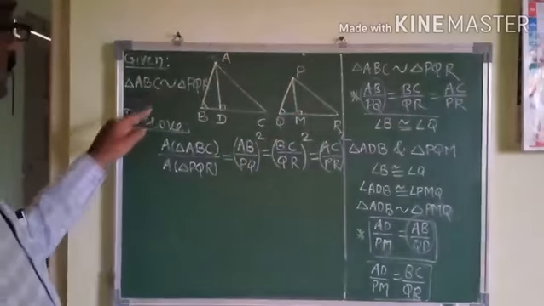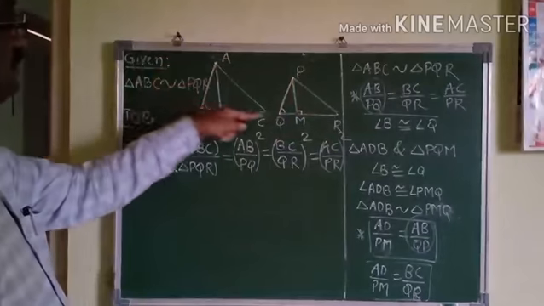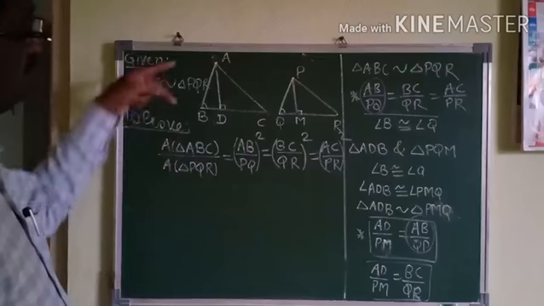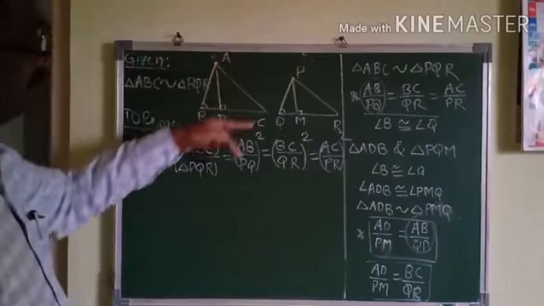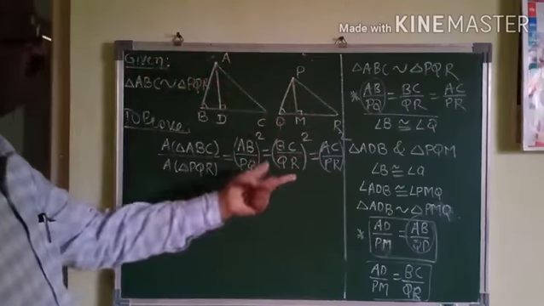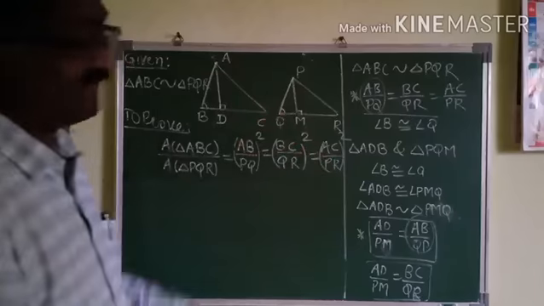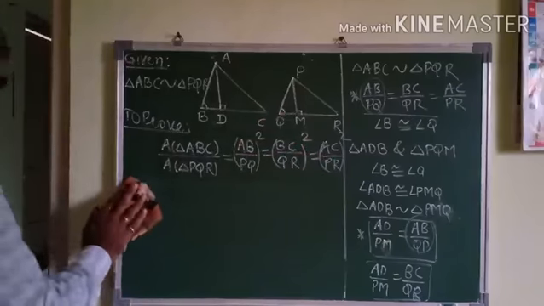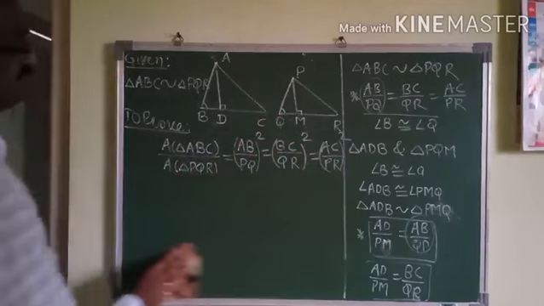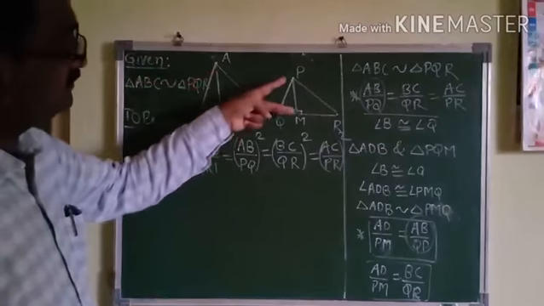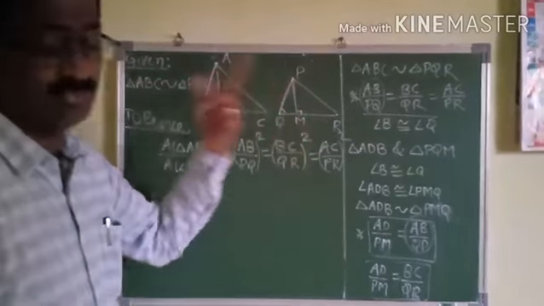To prove: area of triangle ABC upon area of triangle PQR is equal to AB upon PQ whole square, BC upon QR whole square, AC upon PR whole square. So this is how to prove. And we have written that construction also: draw segment AD perpendicular to BC, segment PM perpendicular to QR.